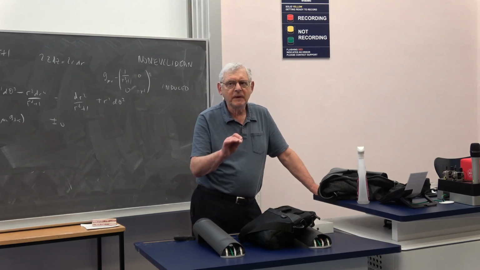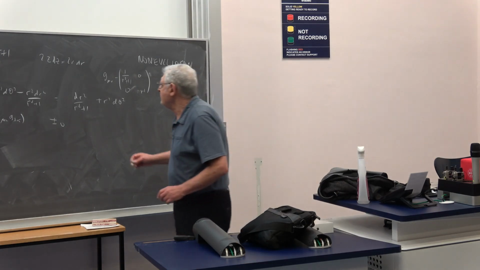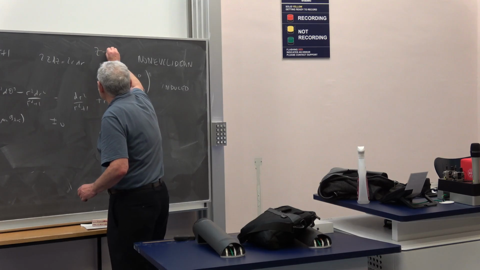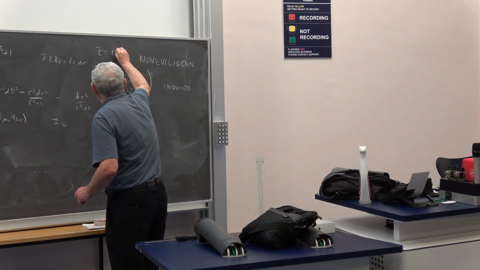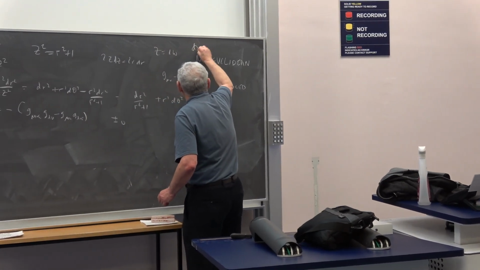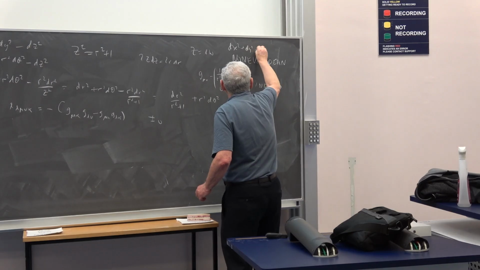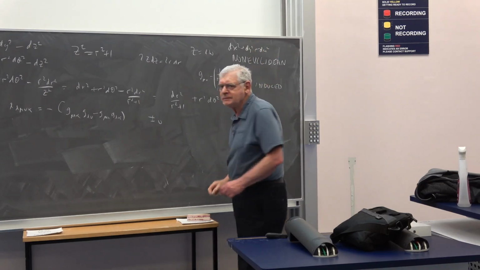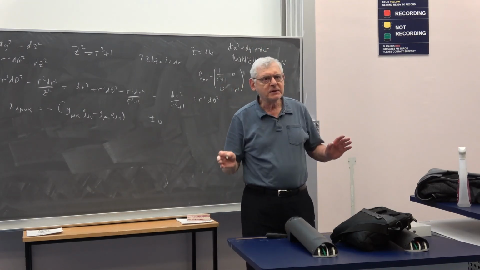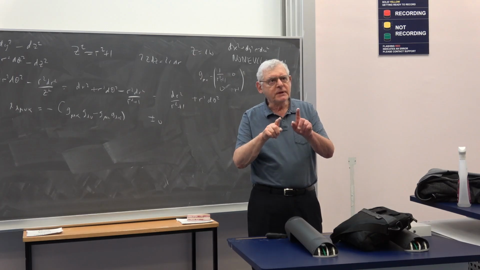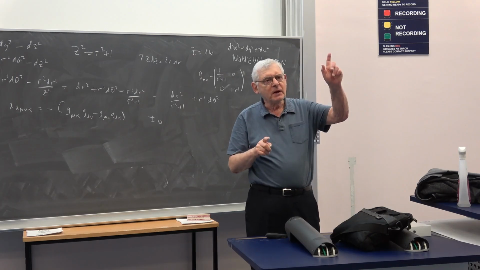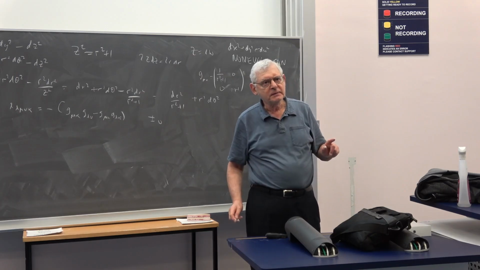Okay, if you want to be very straightforward, you just replace z with iw, and then it's dx squared plus dy squared plus dw squared. And then you're back to positive signature. But what you've got is the third dimension is on the imaginary axis.